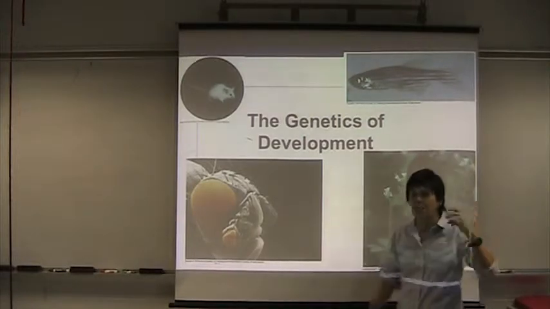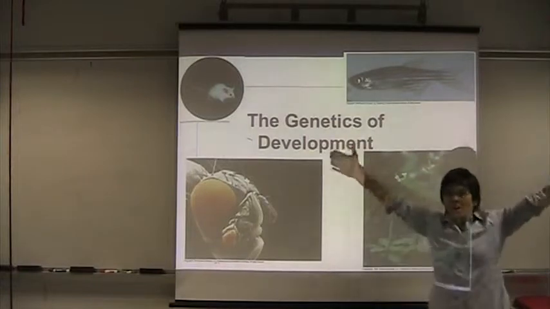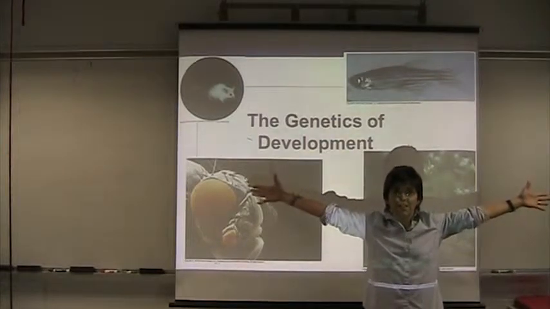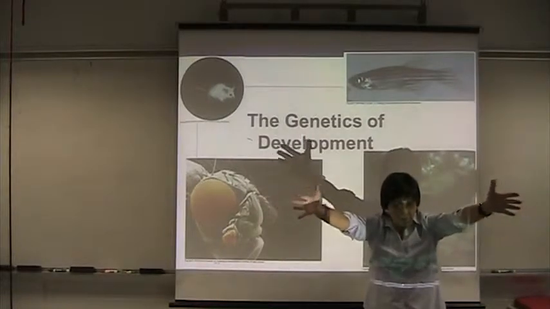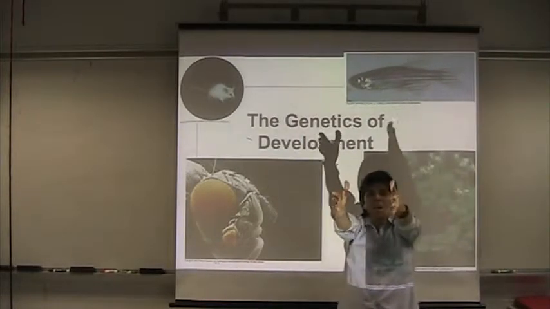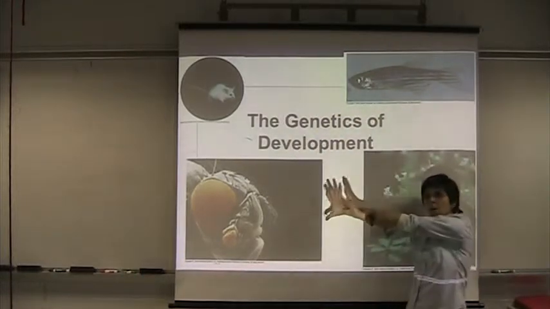However, what's going to start happening as we go through development is that initially all your genes are available, but as you go through development, many genes start turning off, blocked.